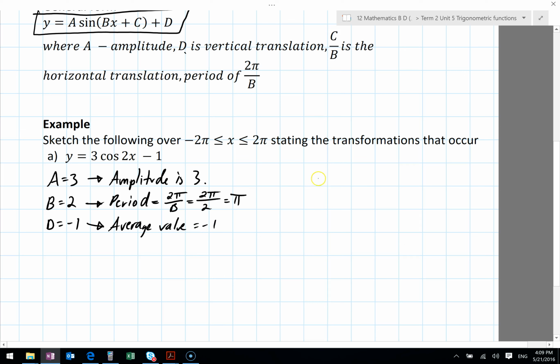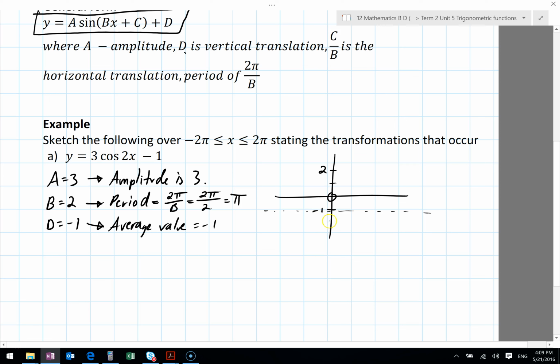As a rough sketch, I know that it's going to be passing through -1 on average, so I can put a little dotted line through here. It has an amplitude of 3. So from -1, we're going to go up 3: up 1, 2, 3, and I'll get to 2 here as my maximum.